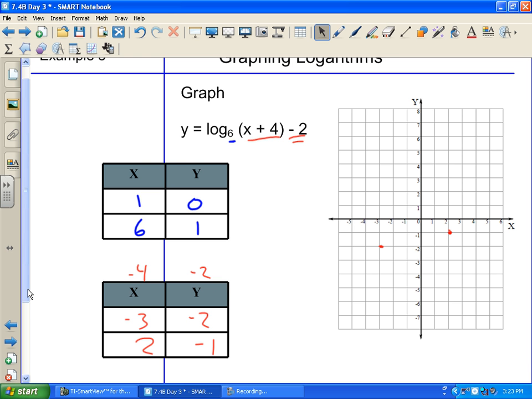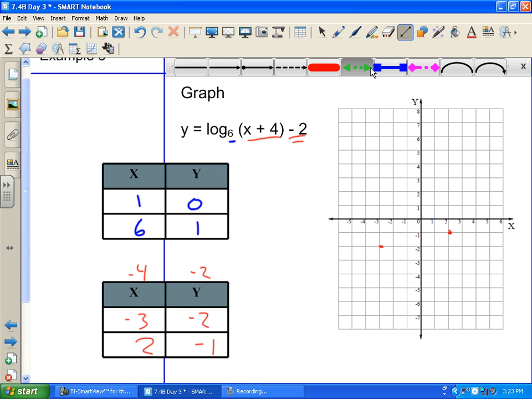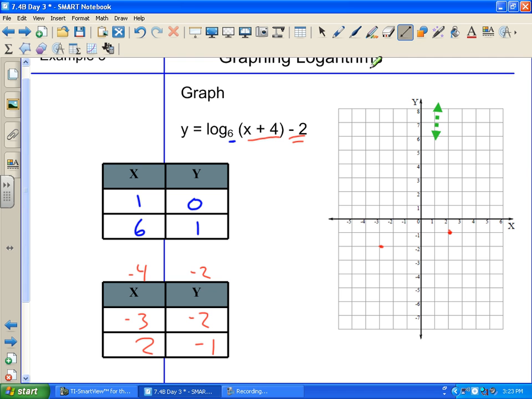At this point, we need to put in a vertical asymptote. The question is now, where on this graph do I put the vertical asymptote? I'll give you a second to try to analyze that question before I give you the answer.